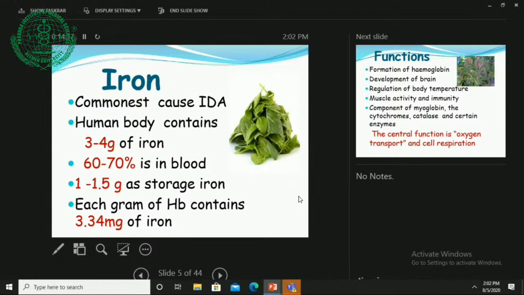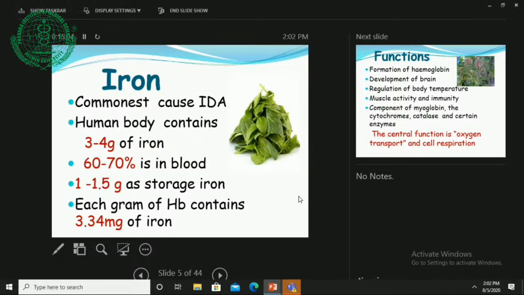So, iron in the human body: 3 to 4 grams of iron is present in our body. 60 to 70% of this is in the blood in the form of hemoglobin. 1 to 1.5 grams is storage iron, which is stored in bone marrow, spleen, and kidney. Each gram of hemoglobin contains about 3.34 milligrams of iron.